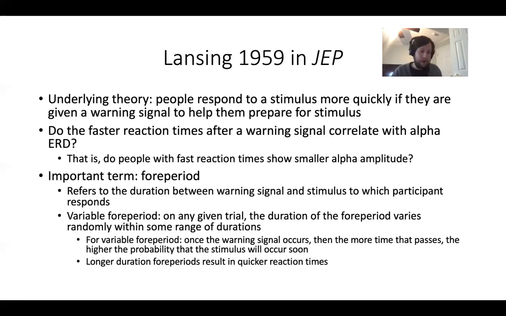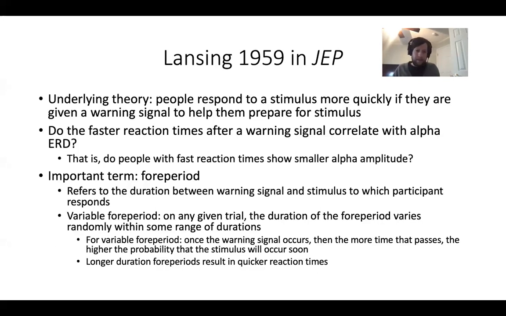Over the course of the experiment, the participant starts to learn that sometimes there's a short duration before the target stimulus, and sometimes a relatively longer duration. On any given trial, the participant wonders: will this be a short or long duration trial? Will I have a little time to wait, or a long time? If there's a long foreperiod duration, think about the participant kind of waiting.